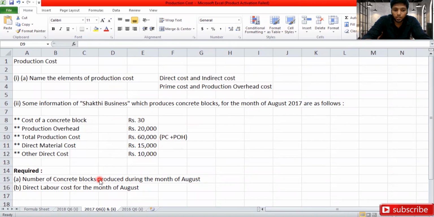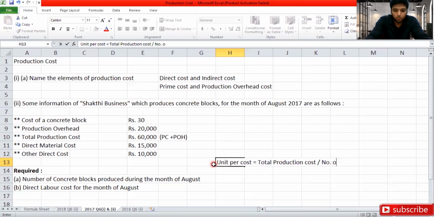If we want to find the number of concrete blocks, I need to use the unit cost formula. So we'll apply the same formula. Unit cost, how do we take? Total production cost divided by number of units. Now I do not know the number of units, but I know the unit cost.